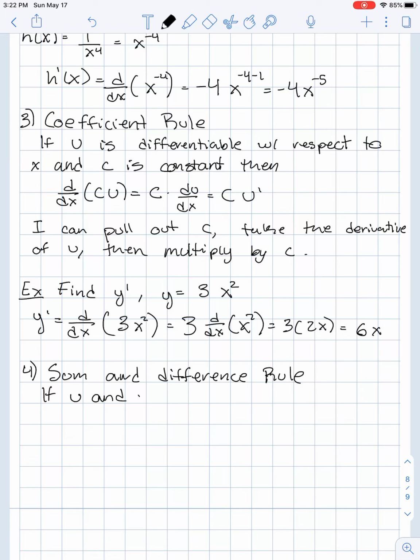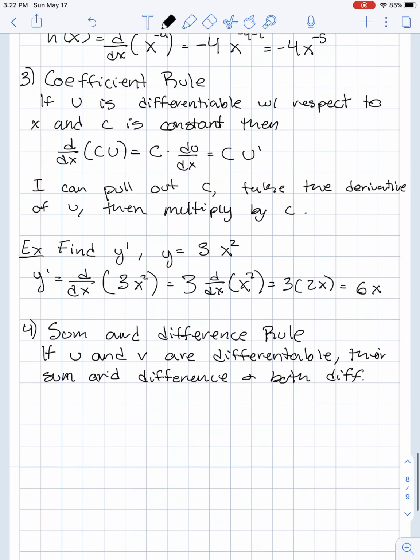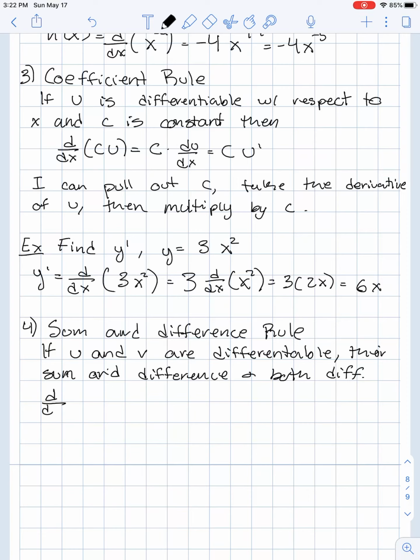This one says if u and v are differentiable, their sum and difference are both differentiable. I'm going to write differentiable as DIFF. It's a really long word to write, and I'm going to be writing it a lot.